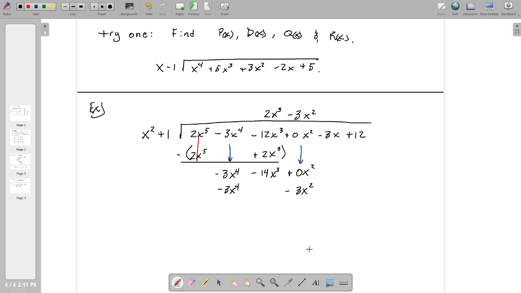Now you want to make sure that you align everything correctly in the column with the same degree. So here I align my negative 3x to the fourth in my x to the fourth column. I have an x to the third column that this doesn't multiply by anything to give us anything here. So we're going to have a 0x cubed here. And then our negative 3x squared times 1 gives us something in the x squared column.